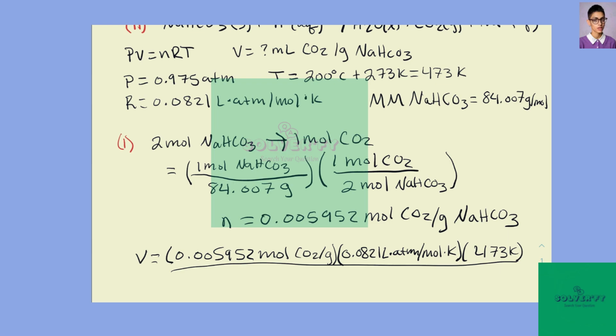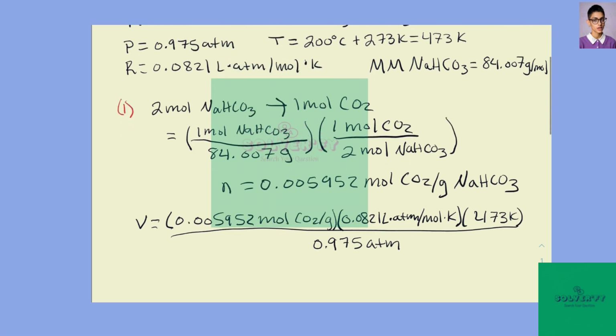And then we're going to divide that all by our pressure, which is 0.975 atmospheres. So when we calculate this out, our volume is going to be 0.237 liters.